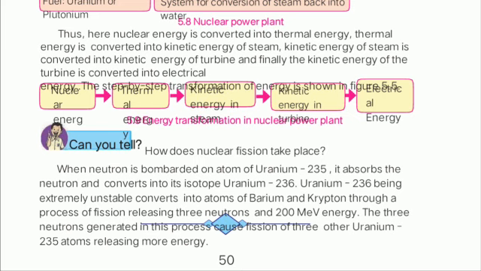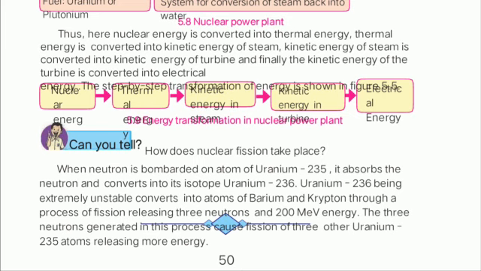Now this uranium-236 is highly unstable, and hence it will break down into smaller compounds immediately, forming barium and krypton. This is why it is known as fission: first there is fusion as it absorbs the neutron, but it doesn't remain stable at the uranium-236 position. It immediately starts to break down into smaller compounds, that is barium and krypton.